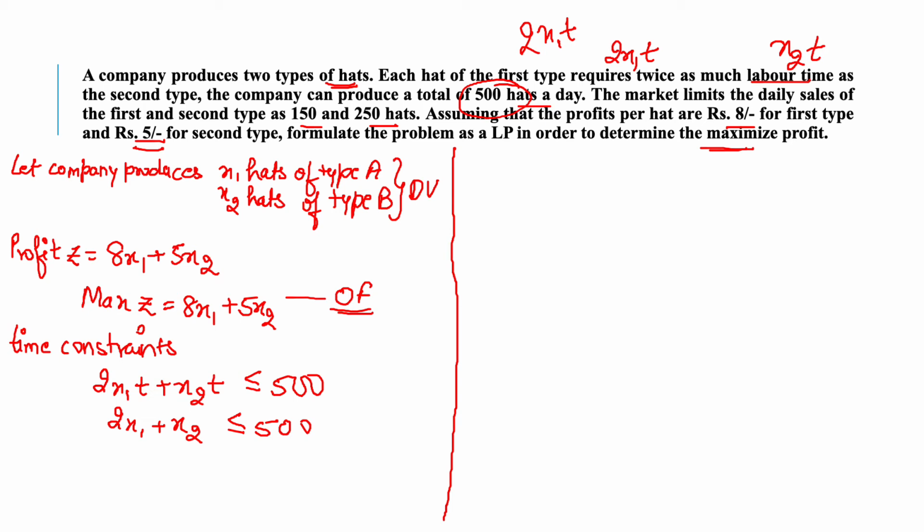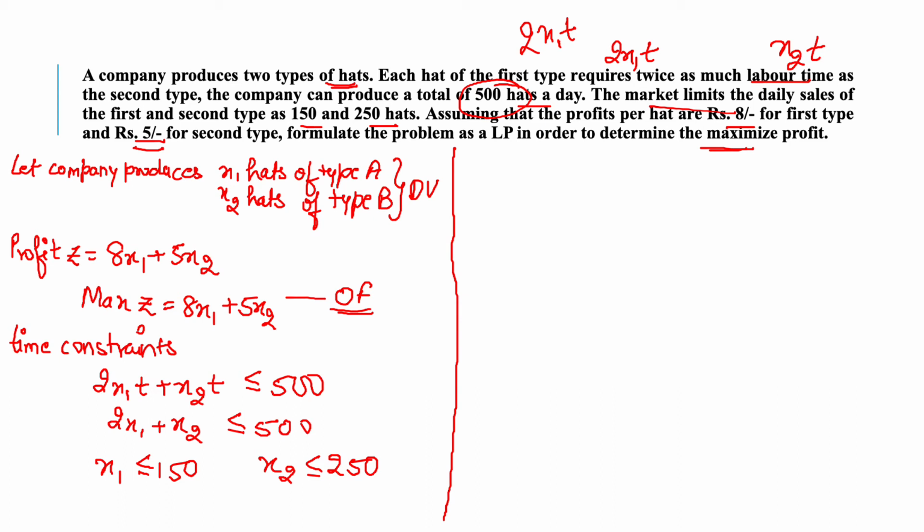Okay, last constraint is the market limit, the daily sale, means how many hats I can sell. For first type, x1 is less than or equal to 150. Maximum you can sell 150 hats of first type and maximum you can sell 250 hats of second type. Okay, and last thing is non-negative constraint.